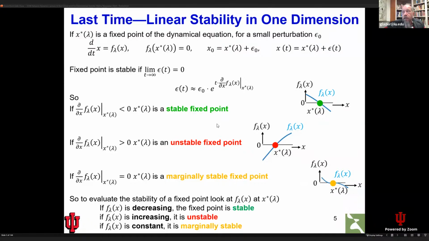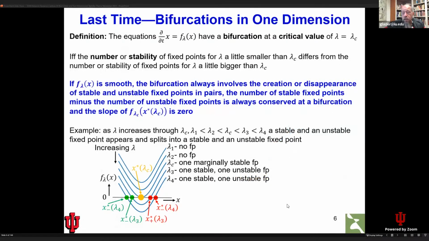And we did a little bit of analysis using Taylor expansion to show that you get exponential movement towards or away from the fixed point, depending on the sign of the derivative. And then we introduced the concept of bifurcations in one dimension. There's some parameter that we change.